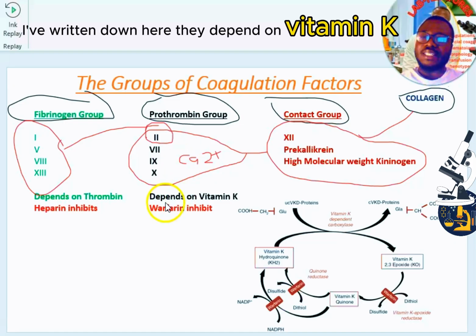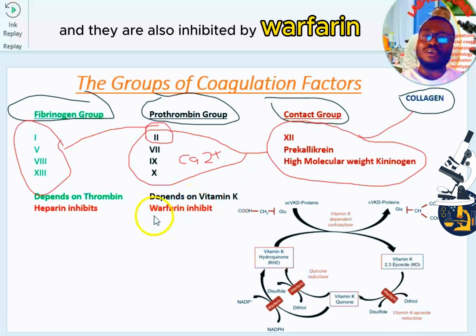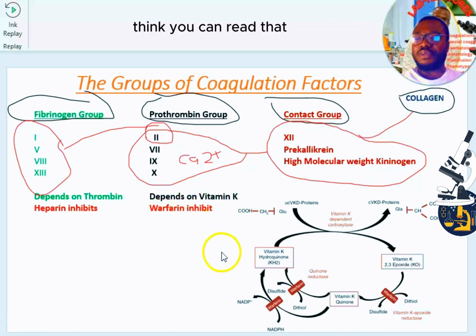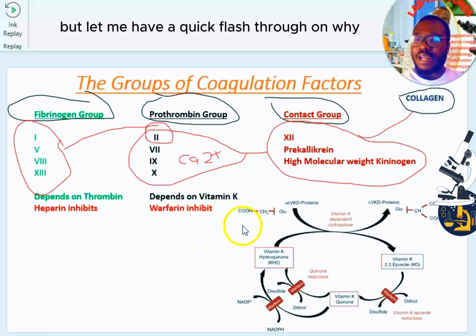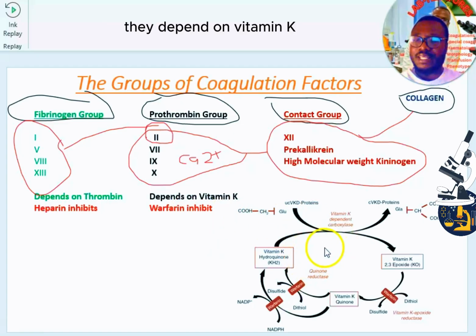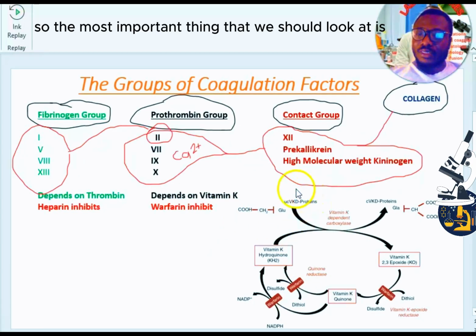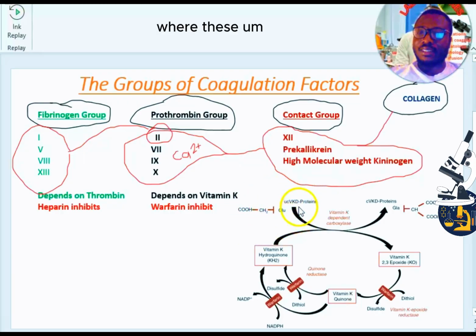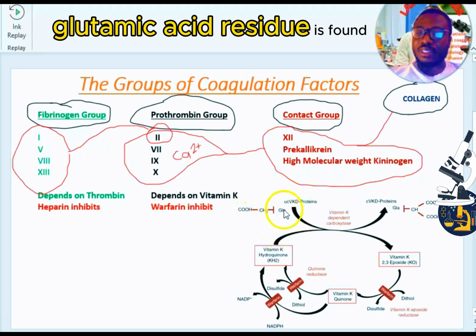I've written down here that they depend on vitamin K, and they are also inhibited by warfarin. I think you can read that, but let me have a quick flash through on why they depend on vitamin K. The most important thing we should look at is where this glutamic acid residue is found.